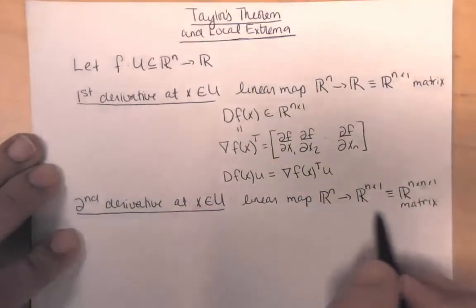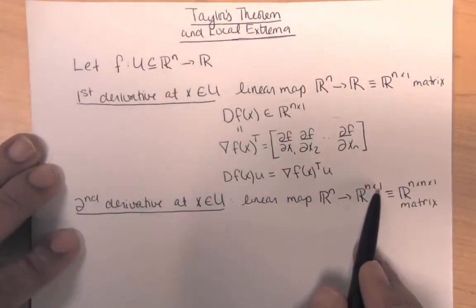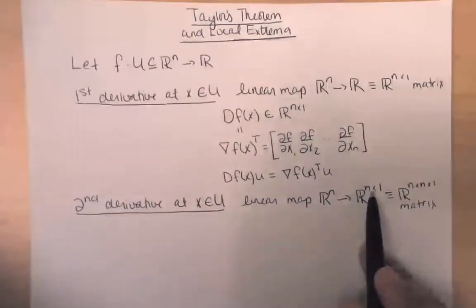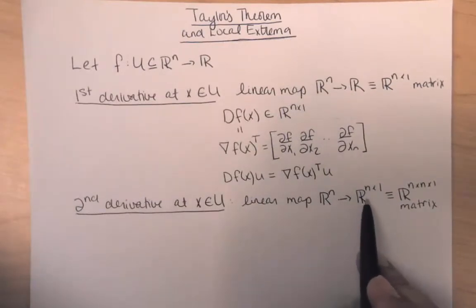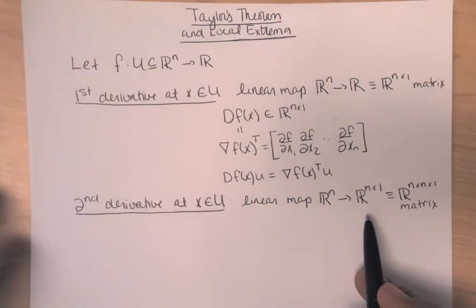Of course, another way of viewing a linear map from Rn to Rn by 1, this Rn by 1 implies that this is representing a map from vectors of n dimension to vectors of 1 dimension, or to scalars. Right?